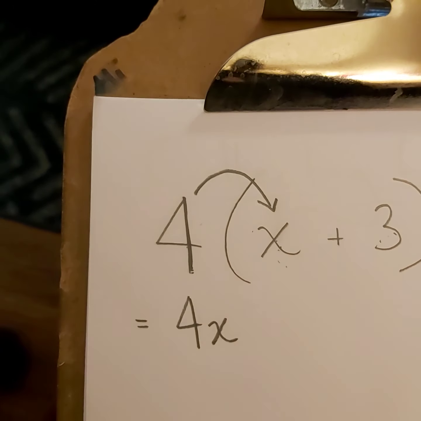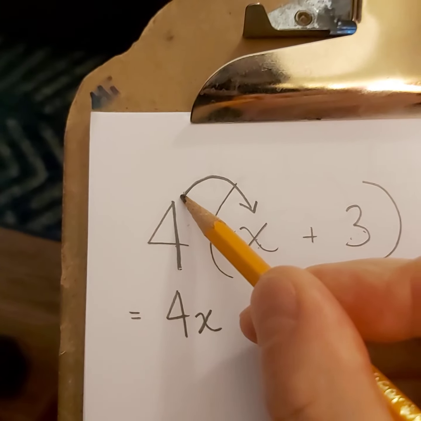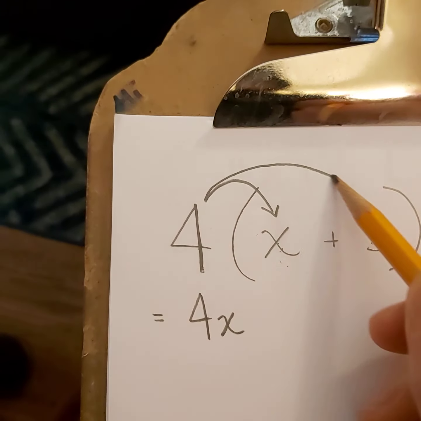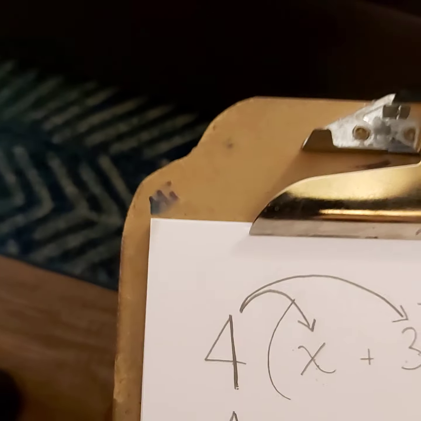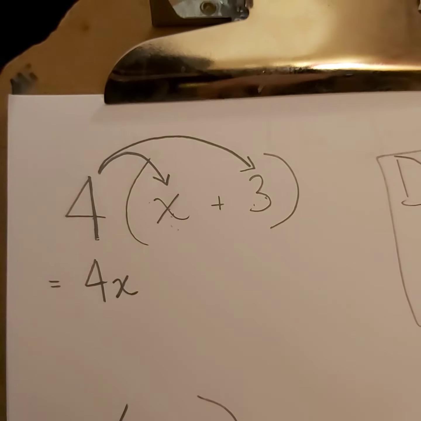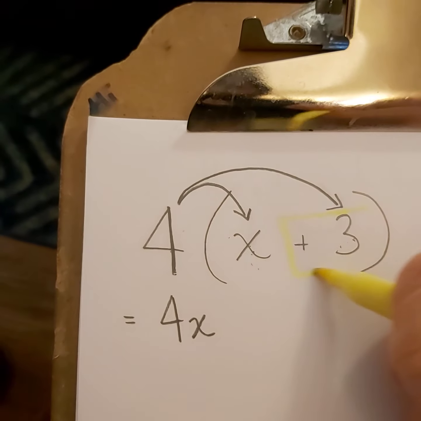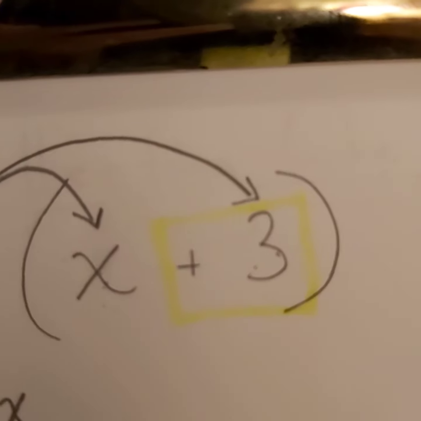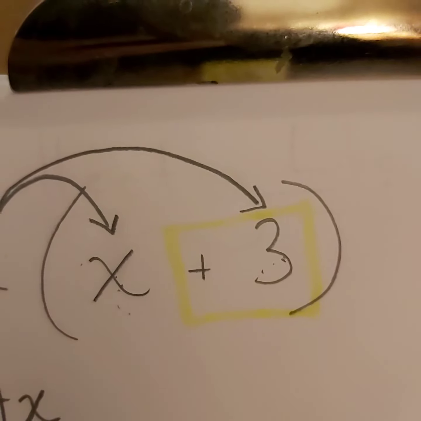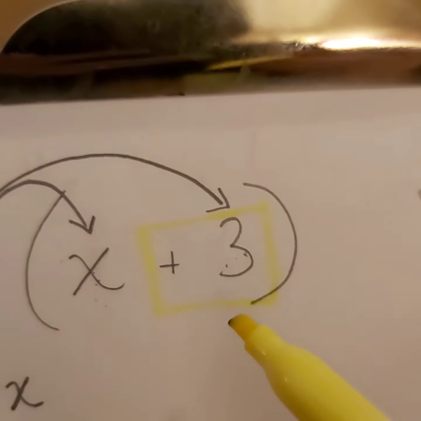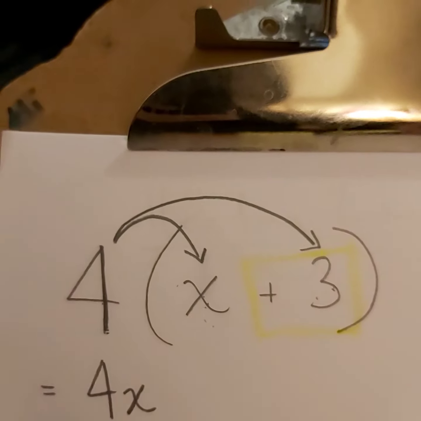Okay, now what am I going to do with the other number? Well, same thing. I take the 4 and I multiply it by this. But what's important to realize here is that this 3 is actually connected to the positive sign that's in there. And normally we would say x plus 3, but that plus 3 means that this 3 is a positive number and we need to treat it as such.